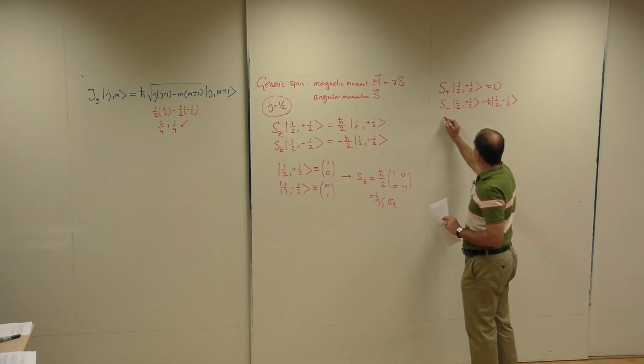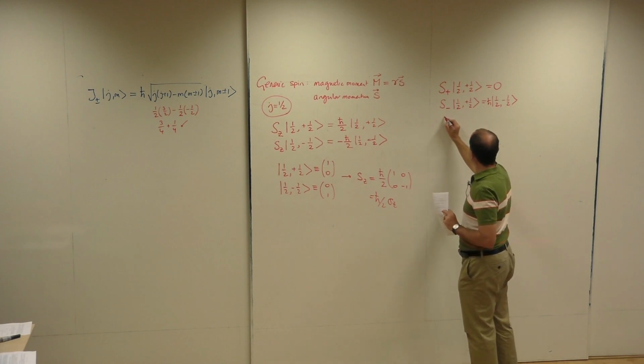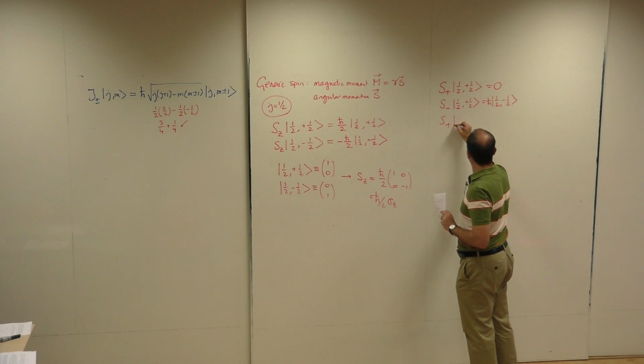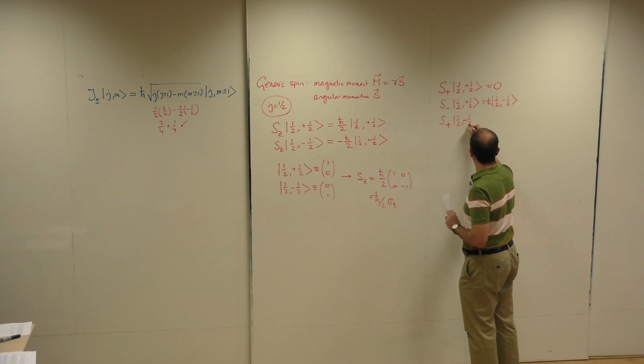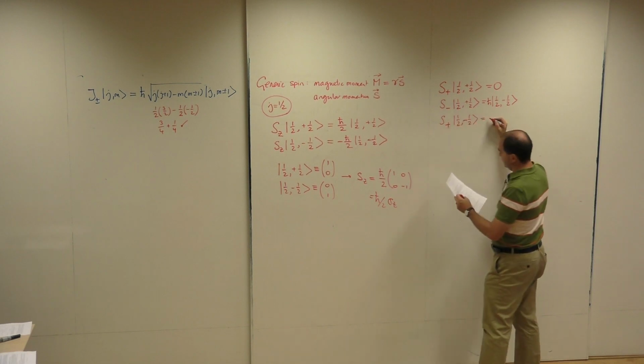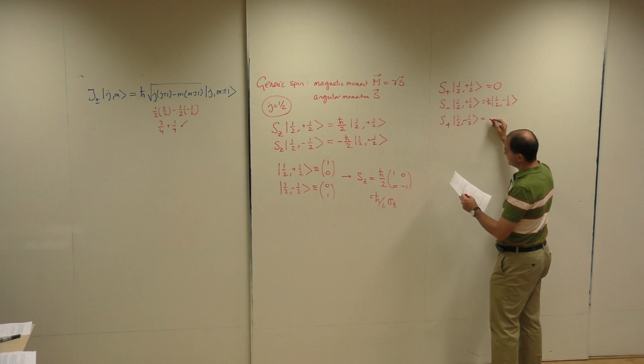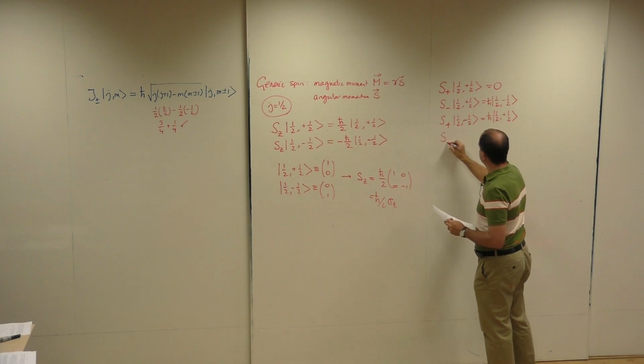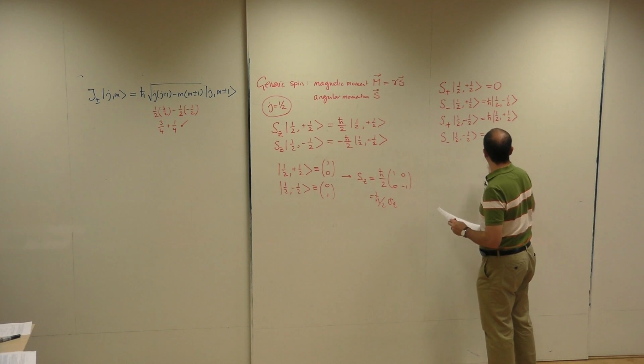And if I do it on the other basis vector, S plus on 1/2, minus 1/2, you can check that it's exactly the same. And then, of course, S minus on minus 1/2 is 0.